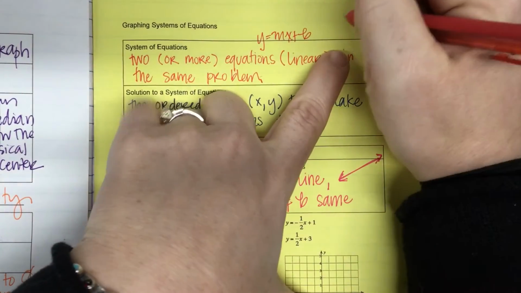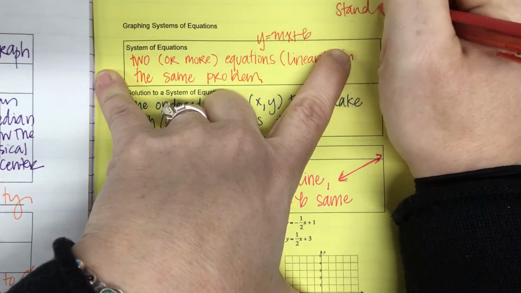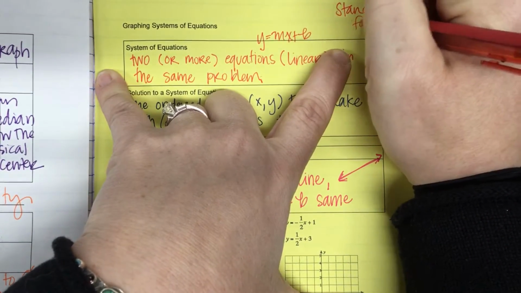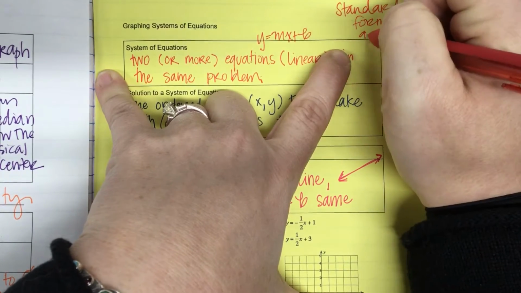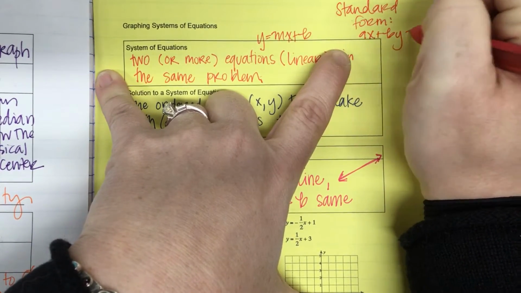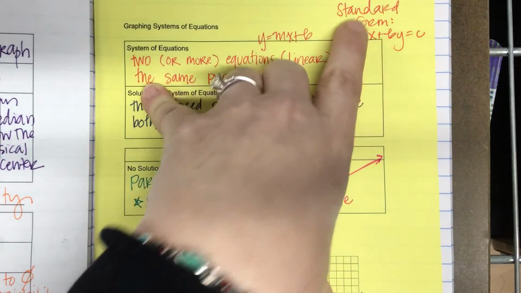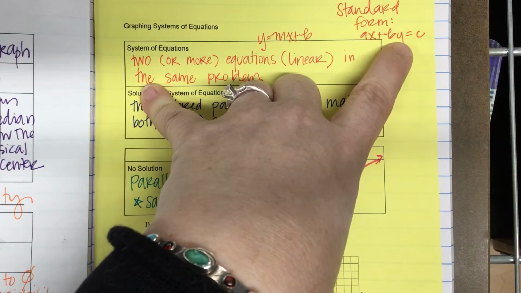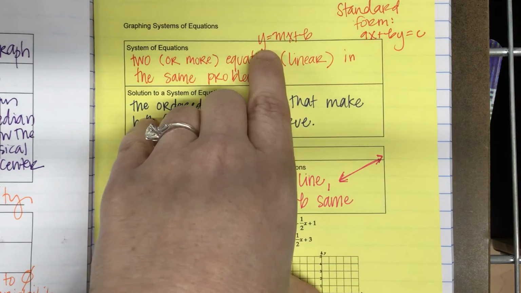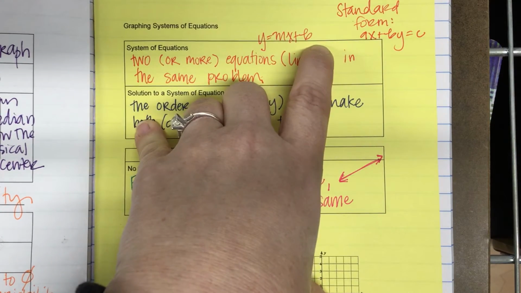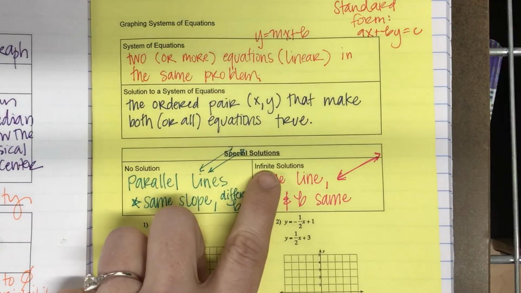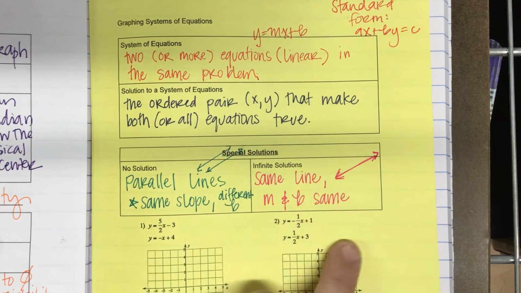So remember, standard form, and you're solving to get y alone. If you're solving for y in this equation and it matches the other one when it's in y equals mx plus b, those are infinite solutions. They're going to be exactly the same.